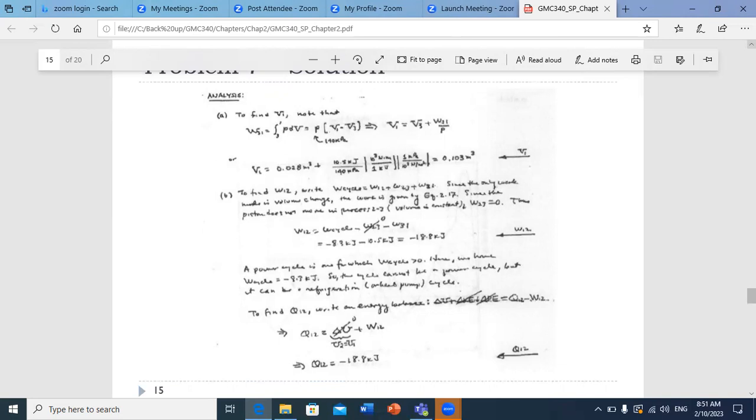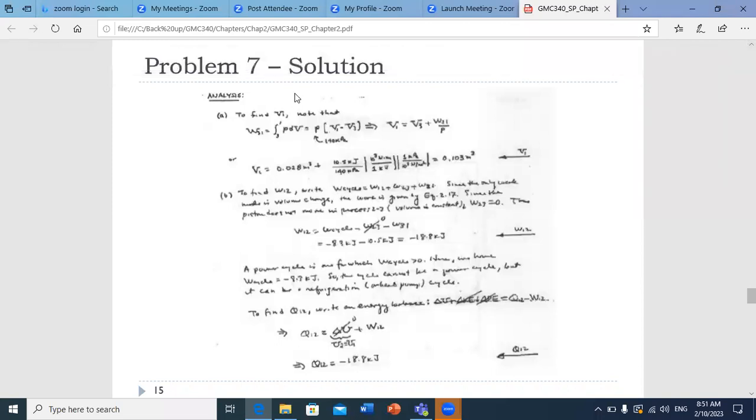or heat pump, we put electrical power, let's say, to force heat to go from a cool place to a hot place. Okay, so in case of refrigeration, W is negative because we put work. But in case of power cycle, we put heat to produce work. Since here we got a negative work, this means that we are putting work on the system, so it's not a power cycle.